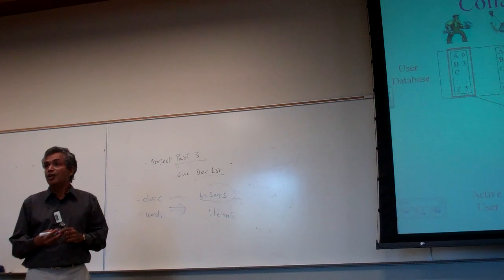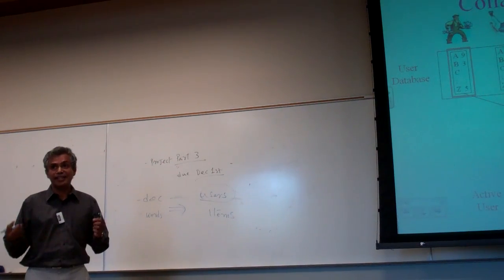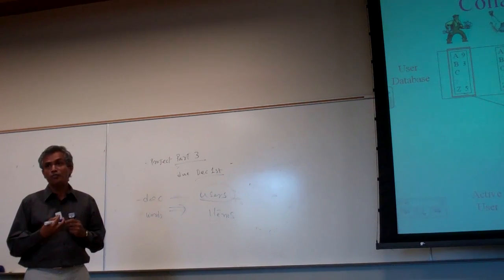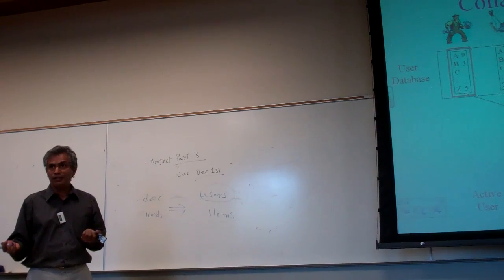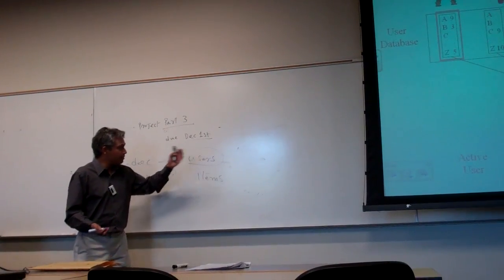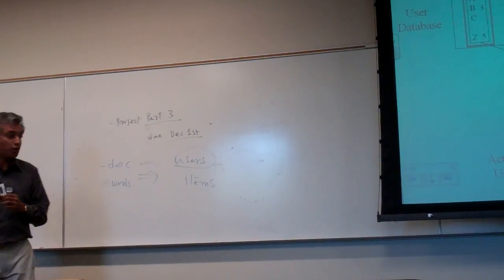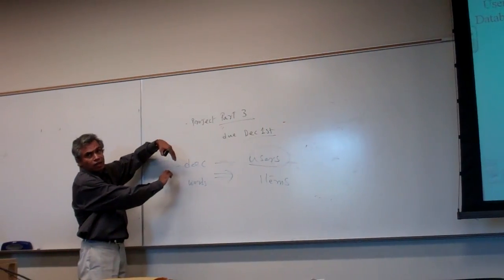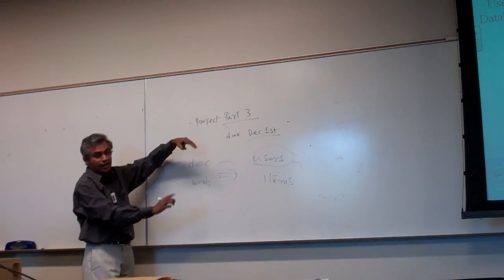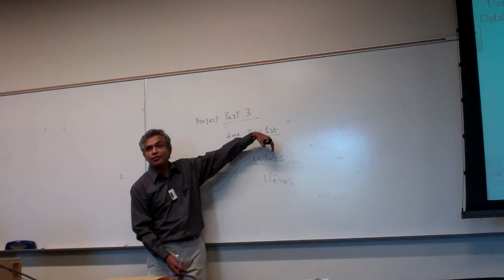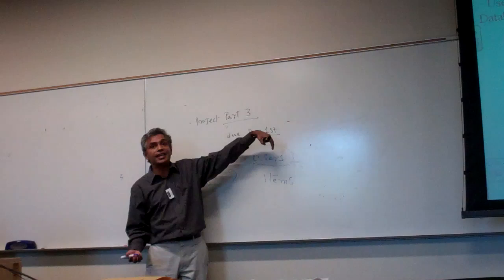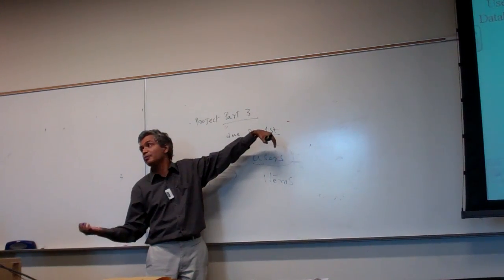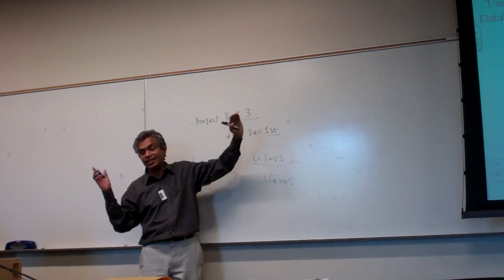If it turns out most users are not buying enough items, they are not good enough consumers, then if they haven't bought or have not rated that item, that item is not part of the user bag. So if the word is not part of the document, that means the document doesn't like the word. That's clear. If an item is not part of the items that the user has rated, that doesn't mean that the user doesn't like the item. It only means the user hasn't yet bought that item. So that's the distinction.